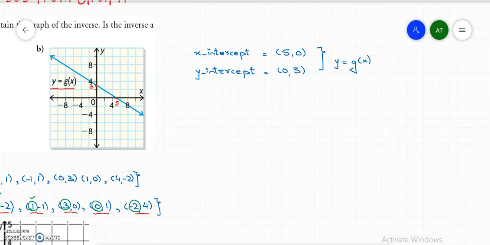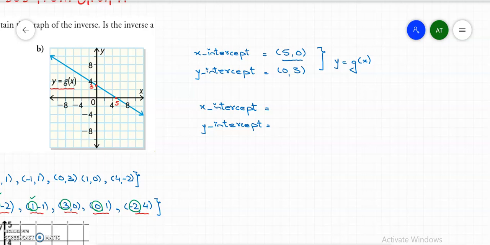Now to get the inverse graph, we have to find the x and y intercepts by switching the coordinates like we did in part A. The x-intercept is (5, 0).